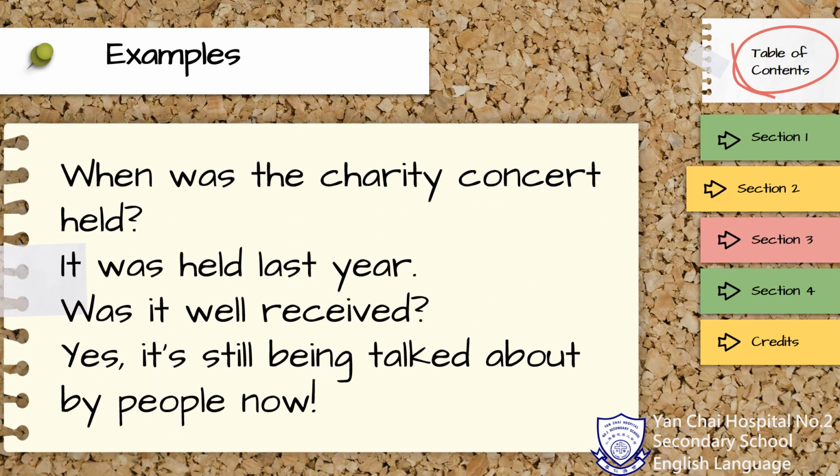For example, when was the charity concert held? It was held last year. Was it well received? Yes, it's still being talked about by people now. So here we can see the passive voice: was held, well received, being talked about.